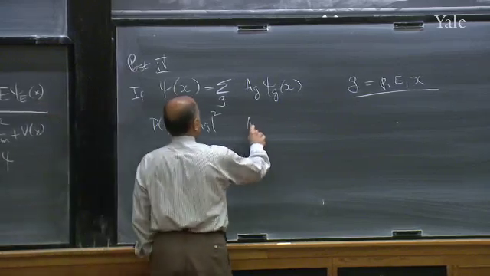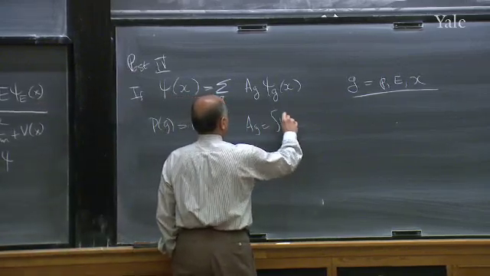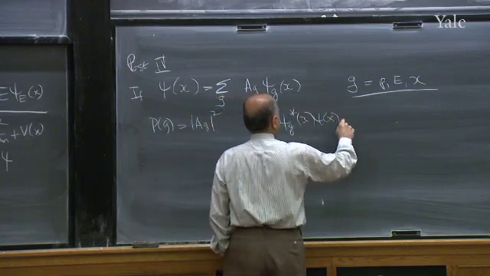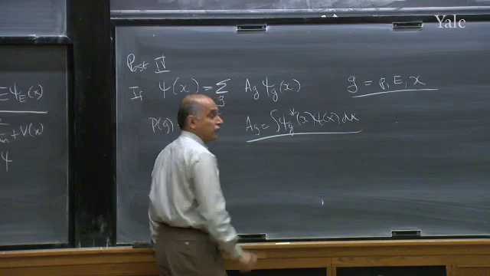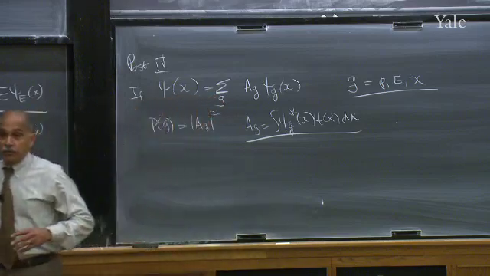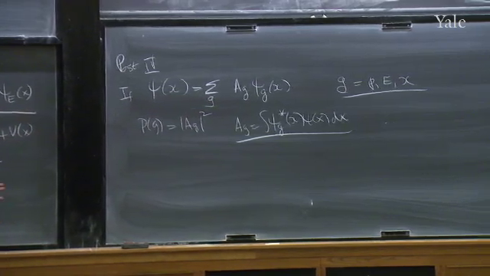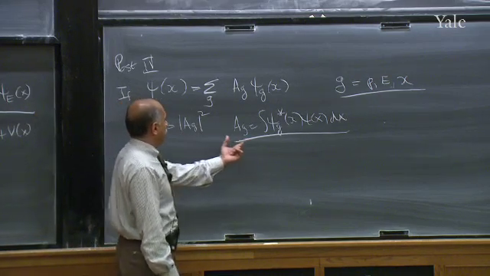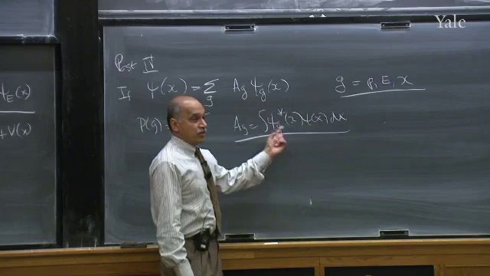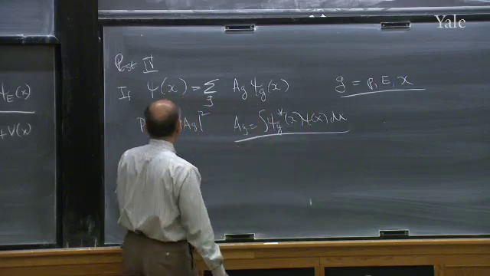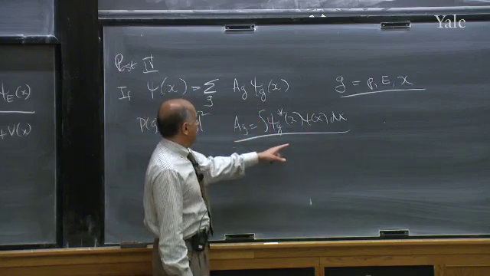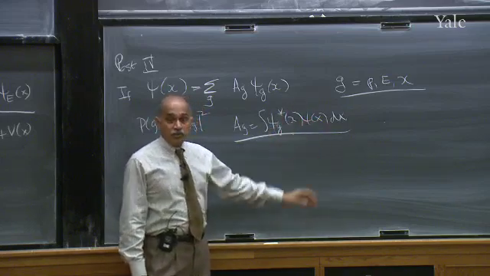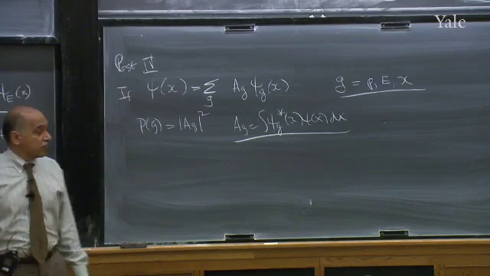And a sub g is given by the integral of psi sub g star of x times psi of x dx. Perhaps you can see now, if I put g equal to p, this is what I call a sub p squared, and this will be e to the ipx, and so on. If I put g equal to energy, this will be a sub E, this will be psi star of E. For whatever variable you want, you do these integrals and you get the probabilities.